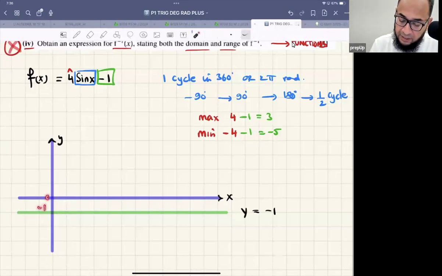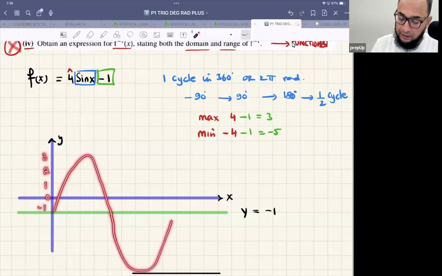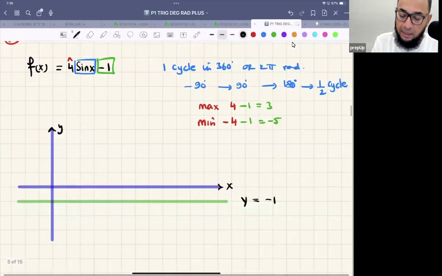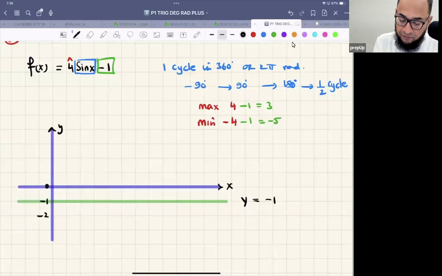So this is negative 1, this is 0, this is 1, this is 2, this is 3. So basically the graph would go like this, 4 sine x and then minus 1 like this. So let me label the points. This is 0, the origin. This is negative 1, negative 2, negative 3. This is 1, this is 2, this is 3, this is 4.